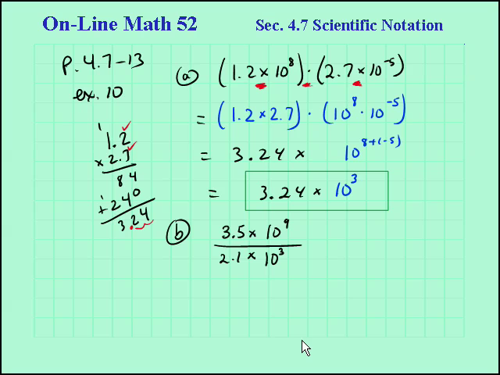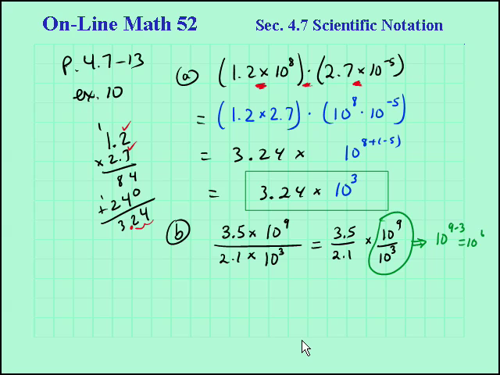Just as before, we're going to separate these into the coefficients and the powers. Let me work with just the powers for a moment. That's 10 to the 9 minus 3, because when we have a quotient, we have to subtract the exponents. That becomes 10 to the 6th. So that's that part of it.